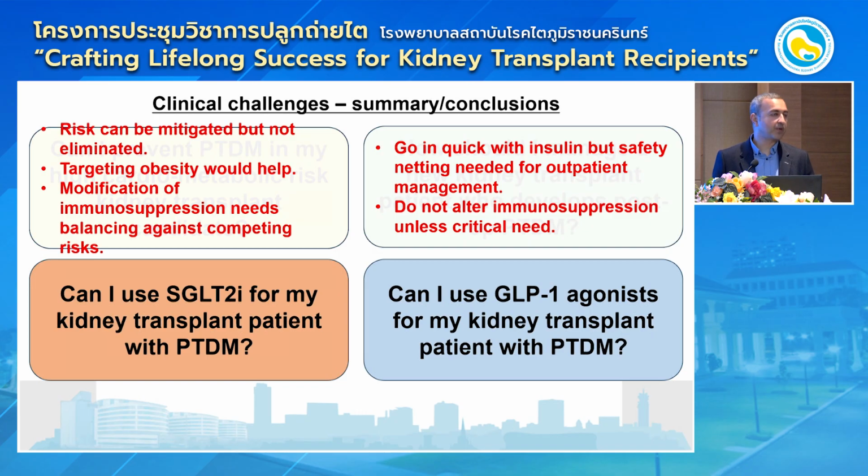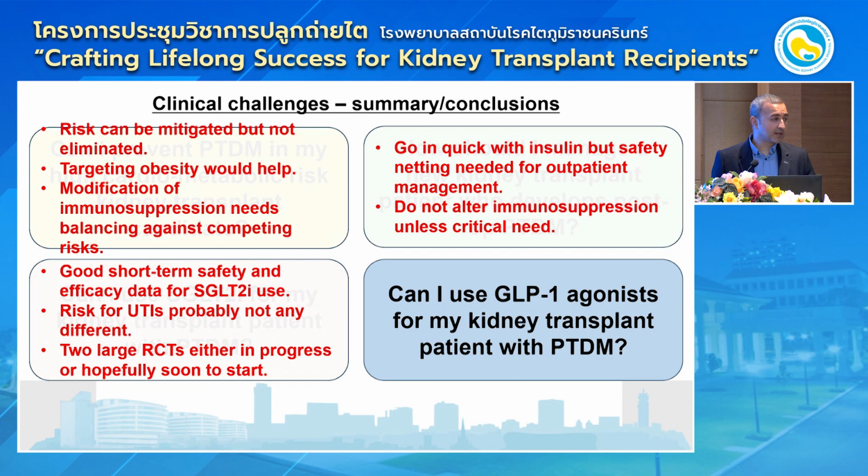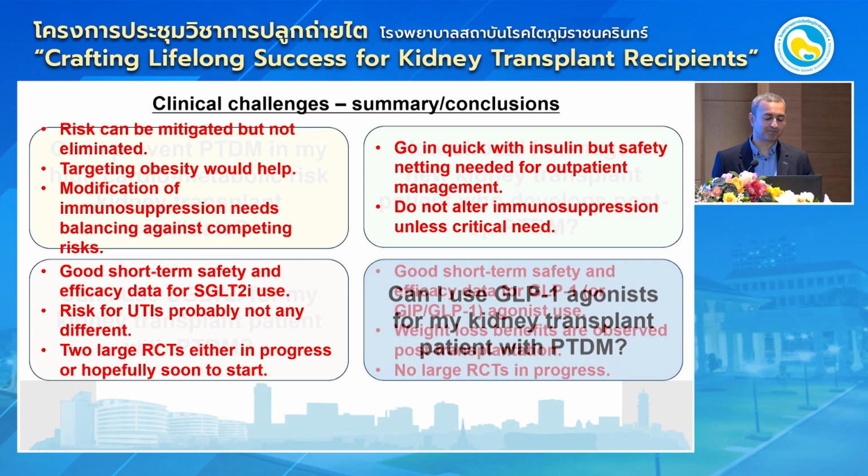If you have very uncontrolled diabetes, which very rarely can happen, that sometimes may justify switching somebody off their main immune suppression. The use of SGLT2 inhibitors: the short-term safety and efficacy data suggest that they are perfectly safe to use for transplant patients. The risk for urinary tract infections has been shown to be no different than the general population, and hopefully the Renal LIFECYCLE study and Renaissance may give us a bit more information on longer-term cardiorenal benefits.